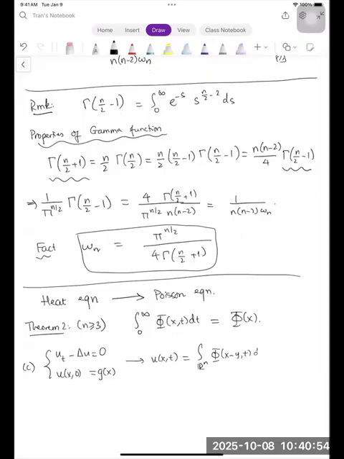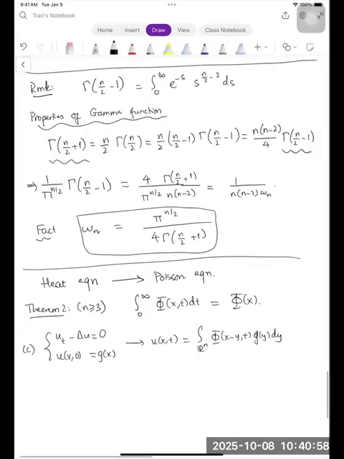Okay, and now I note the fact that, maybe let me just say, I should assume now that g is compactly supported and in C2 of Rn, because I want to link it to the Poisson equation.